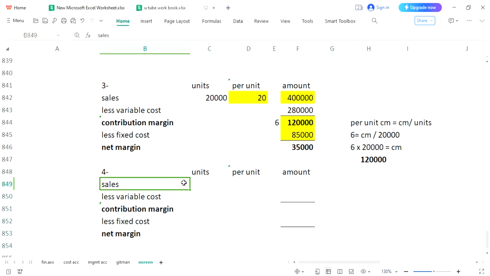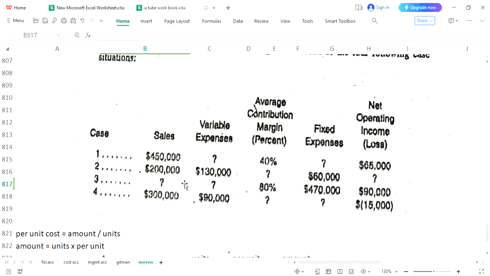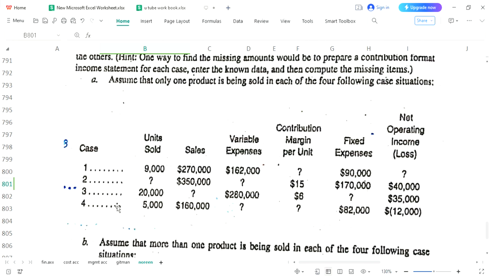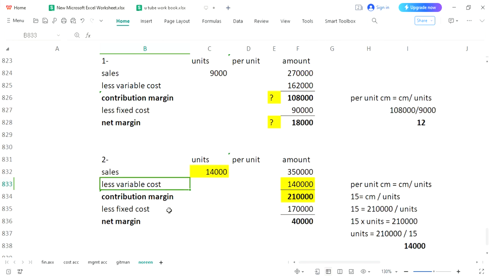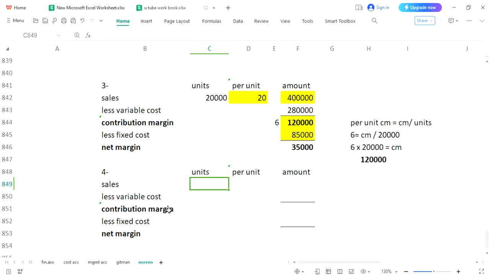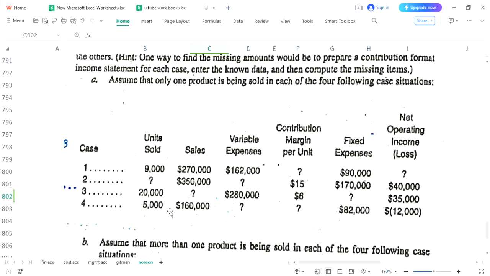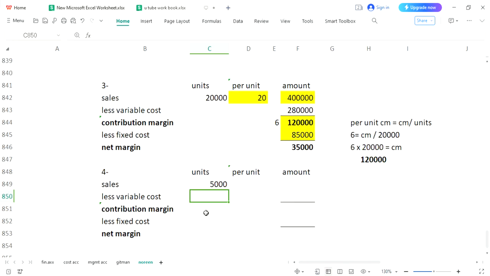Now we are up to, after the third, the fourth case, so it means a total of 8 income statements would be made. 5000 is the number of units for the fourth case, so we can put 5000 over here. The first part of the question is to fill in the data. Then we have sales 1,60,000, so put 1,60,000 over here as your sales.